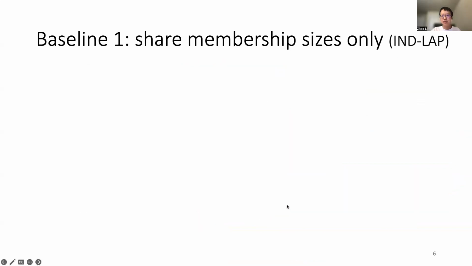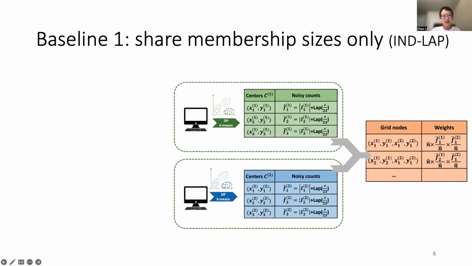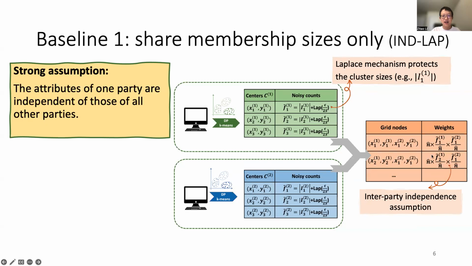Based on the previous solution, maybe a simple improvement toward privacy protection is to only share the cardinality of the local membership and use the Laplace mechanism to provide a privacy guarantee. For the server side, to calculate the weight, we need a strong assumption that the attributes of one party are independent of those on the other party.